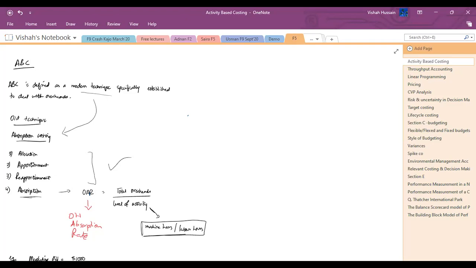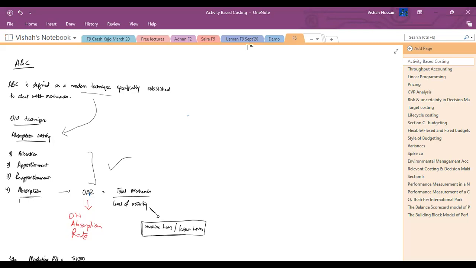Because when you're running the company, it's not as if your company is running on robots only and on machines only, that all the overheads are being incurred because of the machine hours. No. Neither is the situation such that your company is only running on human resources, which is why all the overheads are being incurred because of labor hours. No such situation is occurring, right?